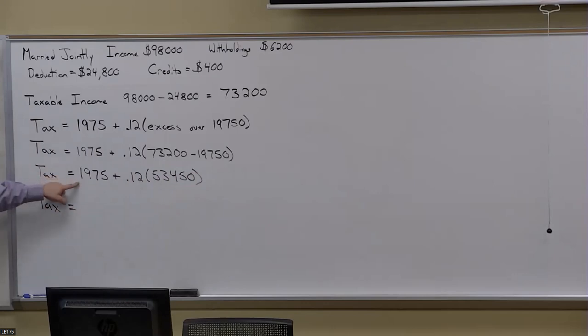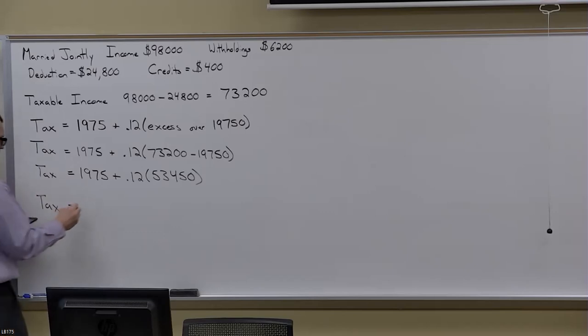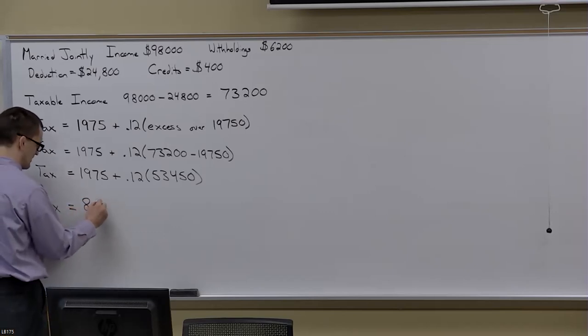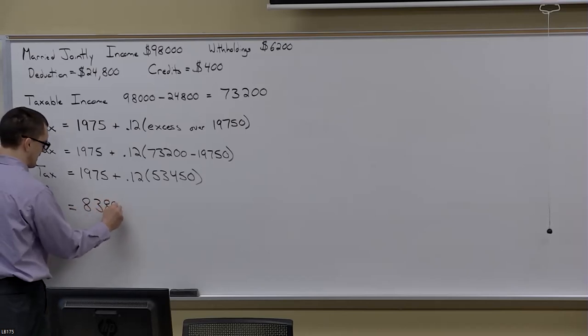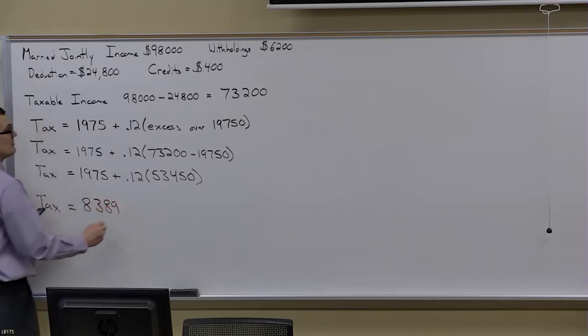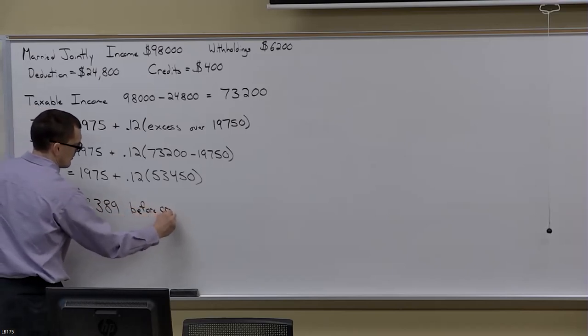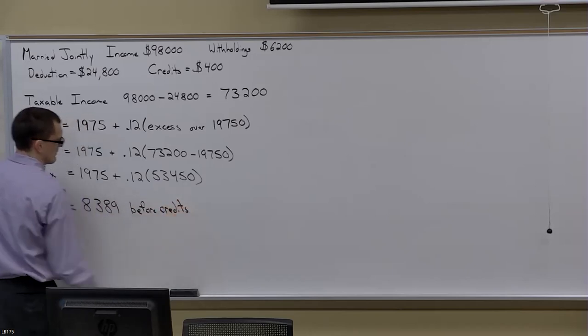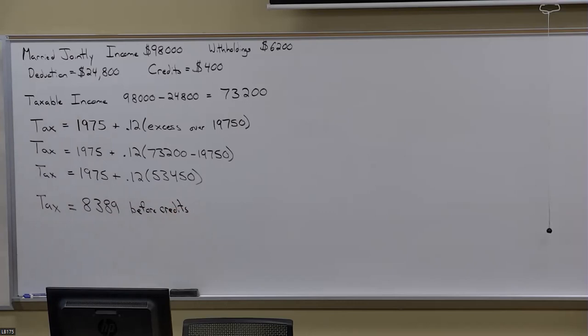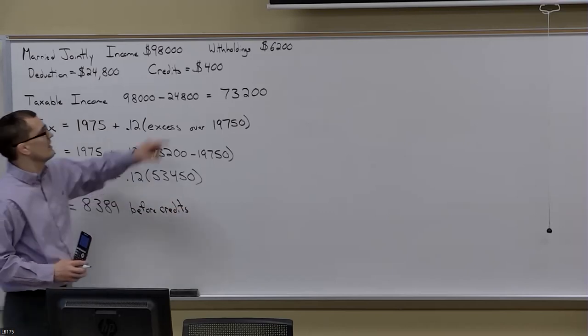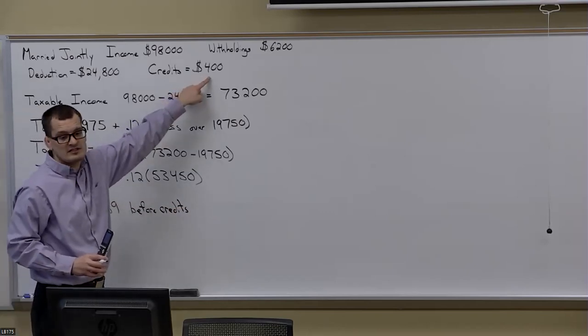Then I type this into my calculator. I ended up with a tax of $8,389. That's before credits, right? Your tax after credits is going to be calculated by just subtracting this $400, right?